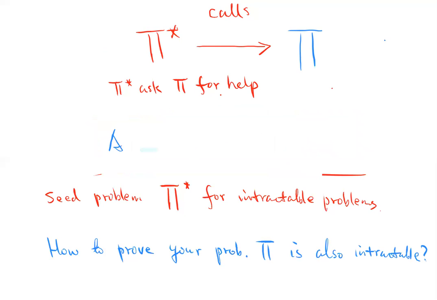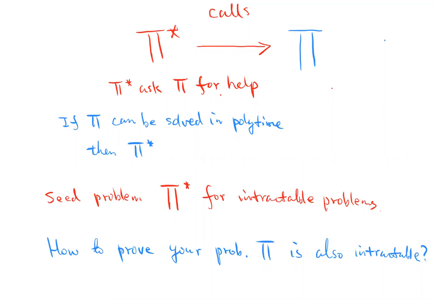So the idea is, this call means what? If pi can be solved in polynomial time, then pi star can also be solved in poly time.